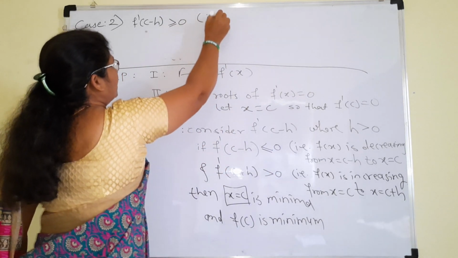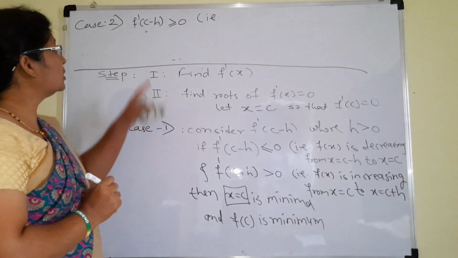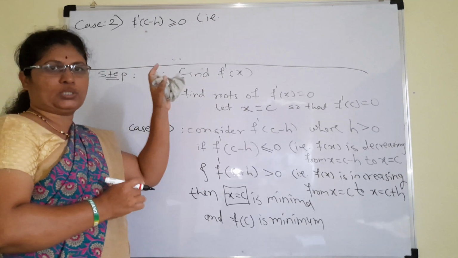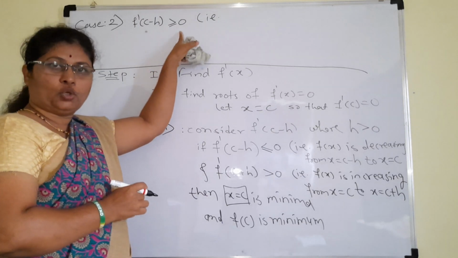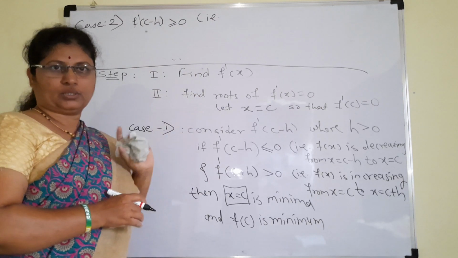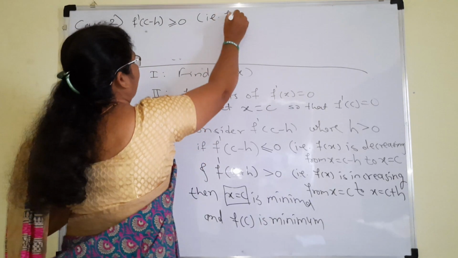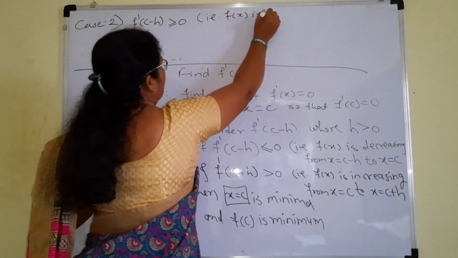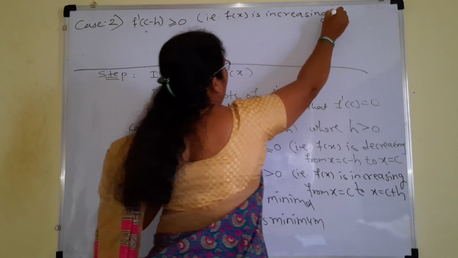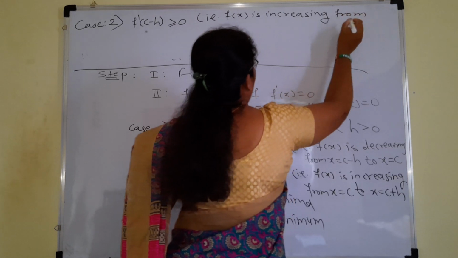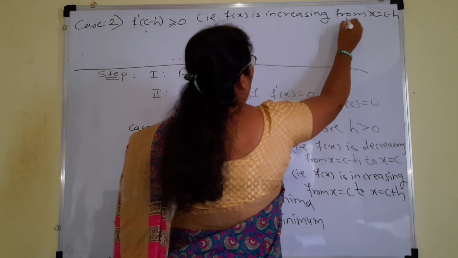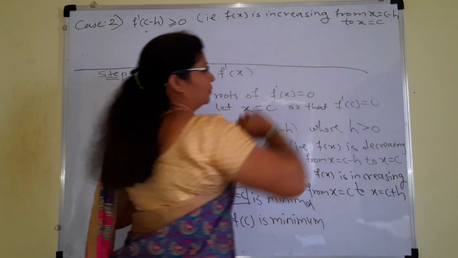Then what about our function in this part? From x equal to c minus h to c, the derivative is greater than 0, which means, as we have seen, such a function is an increasing function. So f of x is increasing from x equal to c minus h to x equal to c.